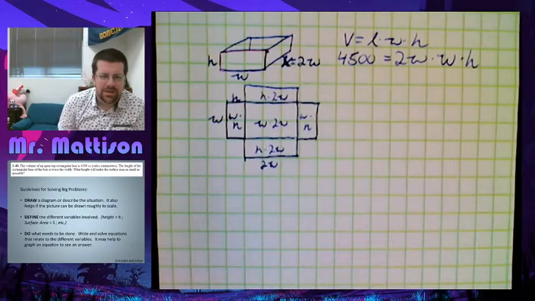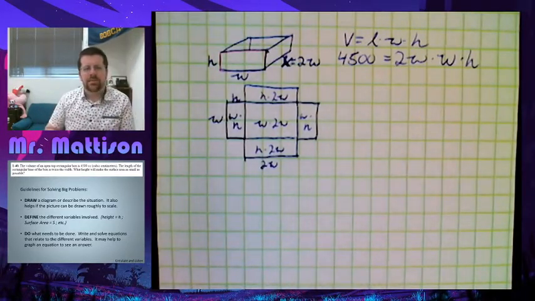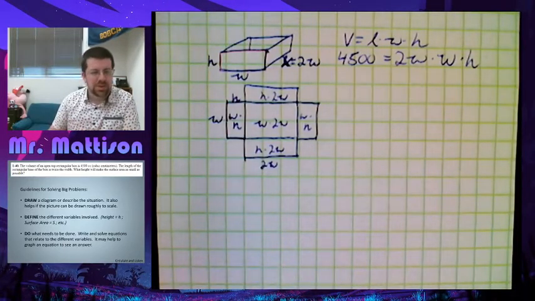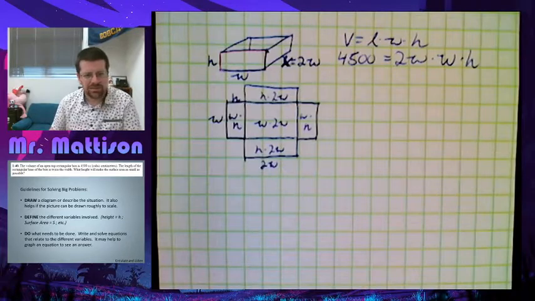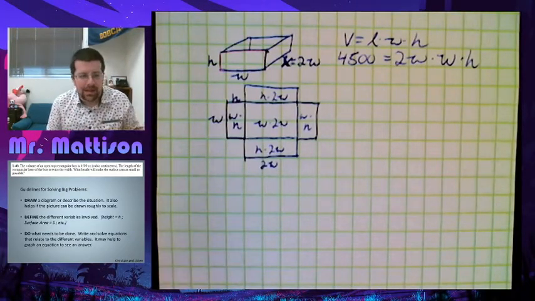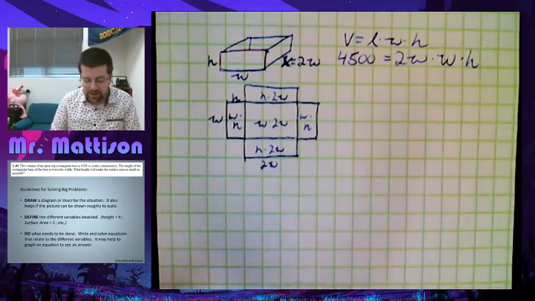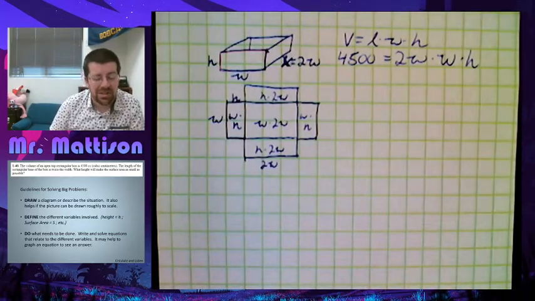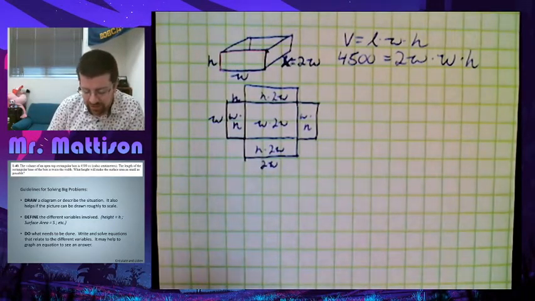So don't stress out too much about that. It's going to be the exact same kind of solution as we go through it. It's just that this is a thing that people come up with. So I'm going to do it as if I only care about the exterior surface area, just because it saves me from doubling things. But you would get the exact same process and solution if you did it with the interior and the exterior surface areas being the total surface area.